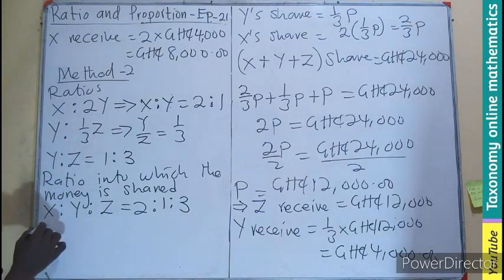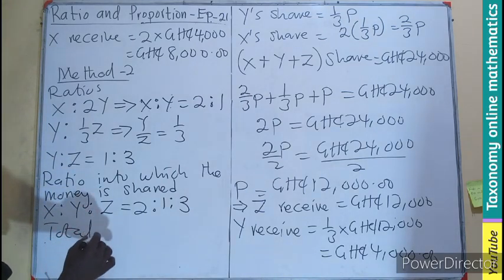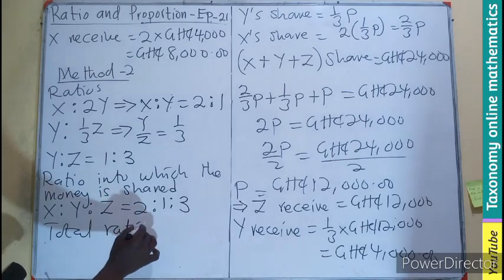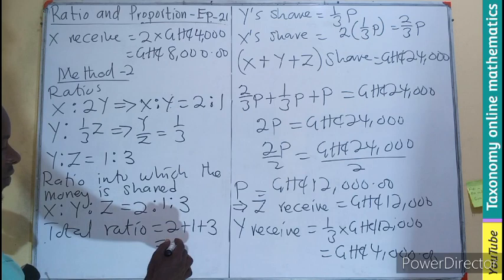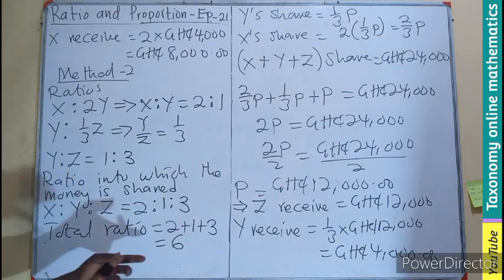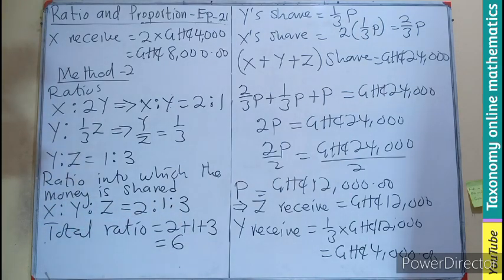In this case, we find the total ratio, which is 2 plus 1 plus 3, and that gives us 6.